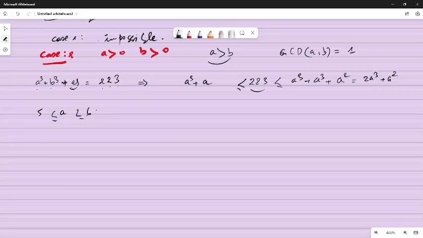Because if we give a 6, we have this quantity is greater than 223. And if we give a 5, we have this quantity is less than 223.